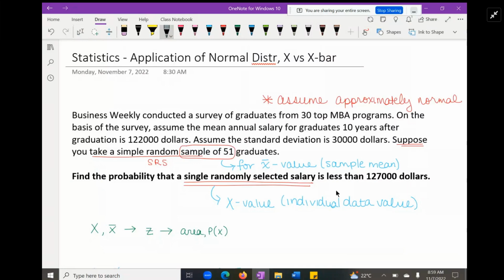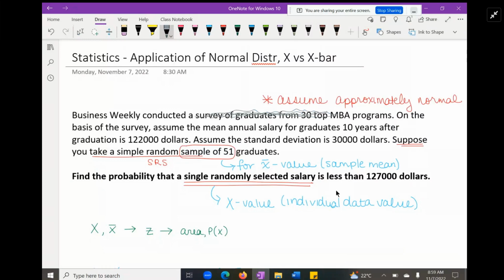The first line, where it talks about the survey conducted with 30 graduates, is just extra information that we're not even going to use. You may think it's throwing you off, but understand that it's not going to be involved, because immediately afterwards it says assume.